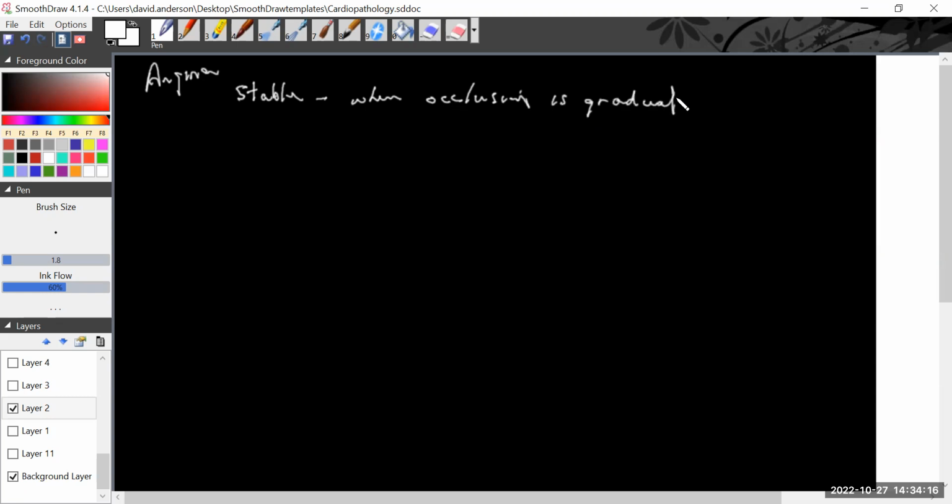So in a stable angina, our patient is going to have a predictable clinical presentation. Their blood vessels are narrowed, so typically at rest they can manage with a bit of a raised heart rate and so on, but their signs and symptoms are predictable.